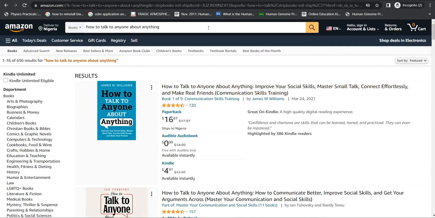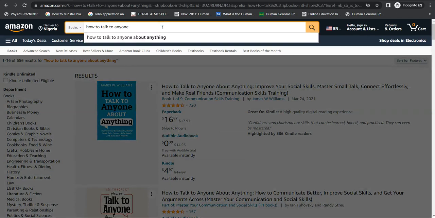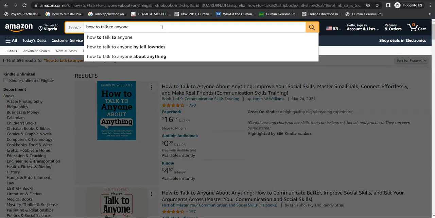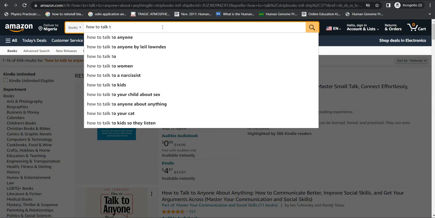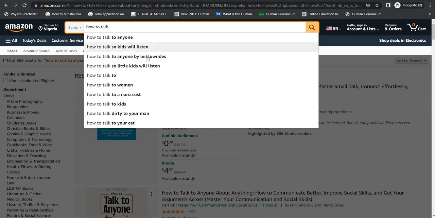And then number 2, possible keywords. Let's say we were filling the backends for this topic. One of the keywords would be how to talk to anyone. That's one. And that one would be how to talk to anyone about anything. If you keep searching, just stop at how to talk, and you see some different options, like how to talk so kids will listen.